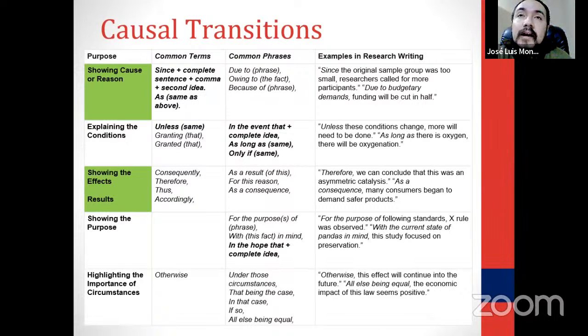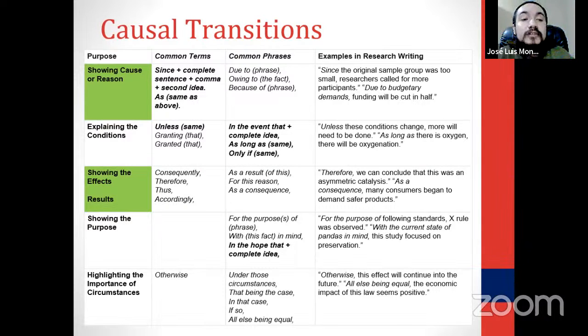Therefore, comma, I'll buy some to eat tonight. So that's the result in that case. I love pasta, and the result of the fact that I love pasta is that I'll buy some to eat tonight. So easy, right?